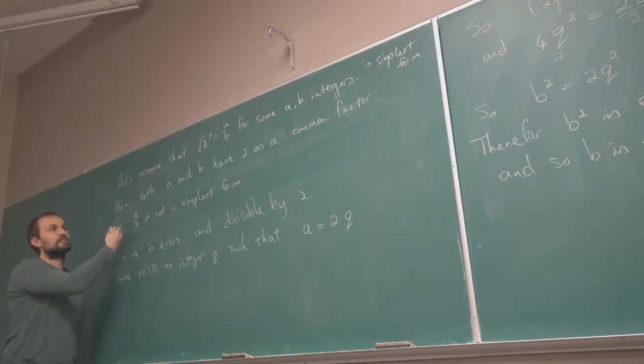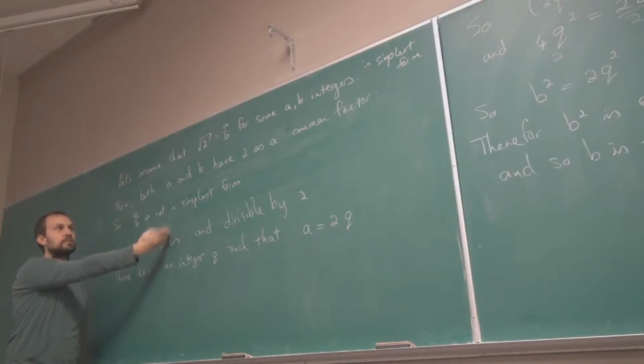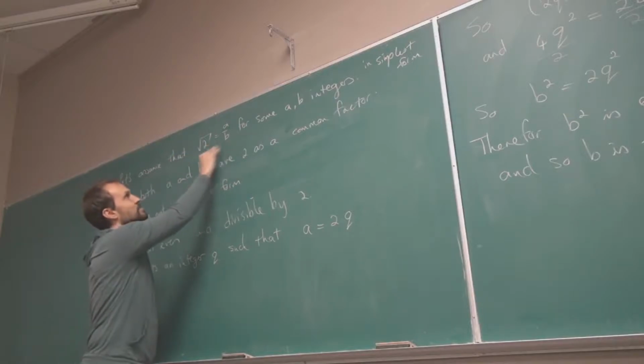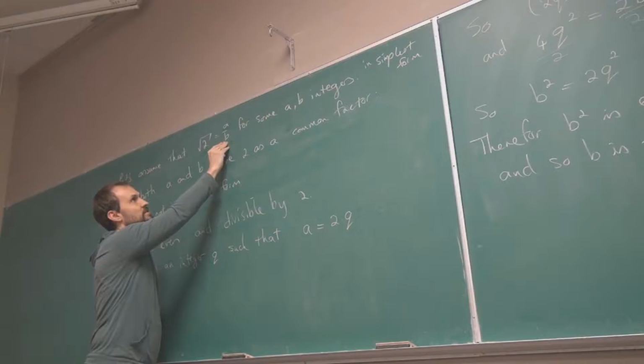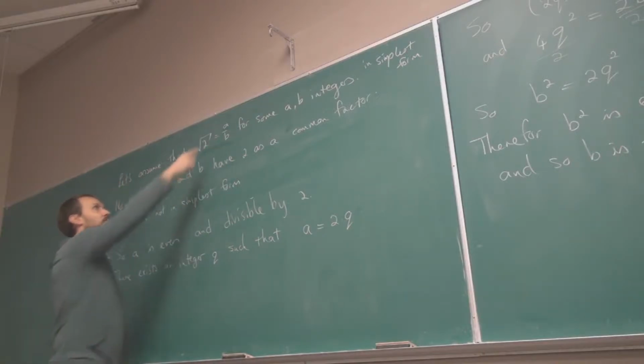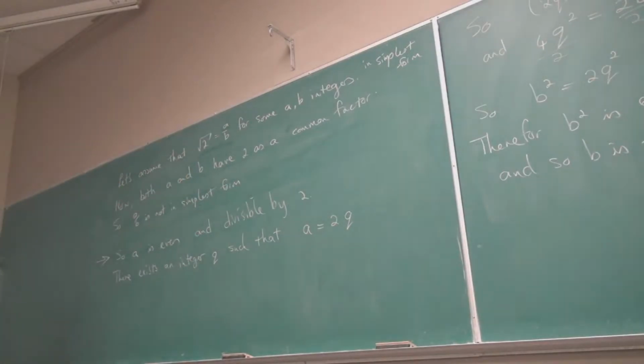So I can simplify this fraction further. If I now go back and say, okay, I simplify it, cancel out the 2's, get a simpler fraction, and I go back here and say, okay, square root of 2 now is represented by that fraction. Now I do the whole thing again. It's again going to have 2 as a common factor. So it wasn't simplest, actually. Then I simplify it again.